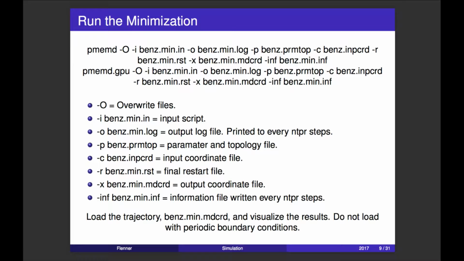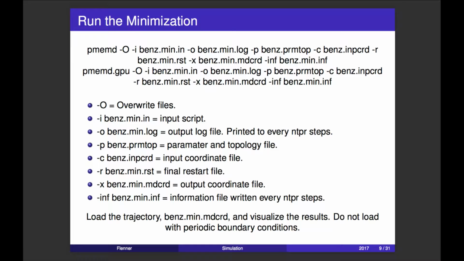I did not provide the input coordinate file in the examples, but you'll see how we can create those. The final restart file is an output coordinate file, which holds the coordinates while the simulation is running, and information about the simulation is written every so many steps.